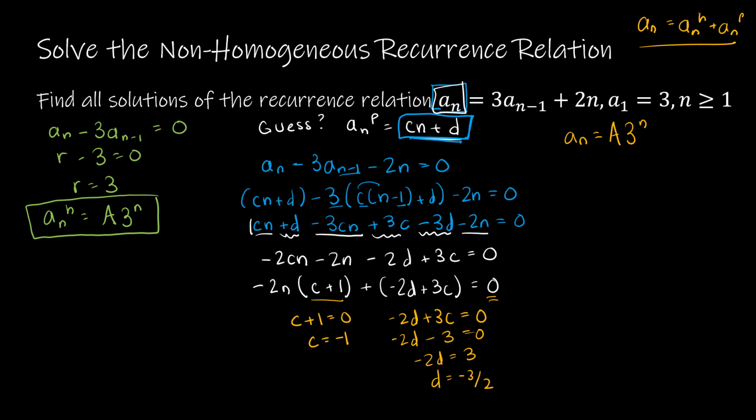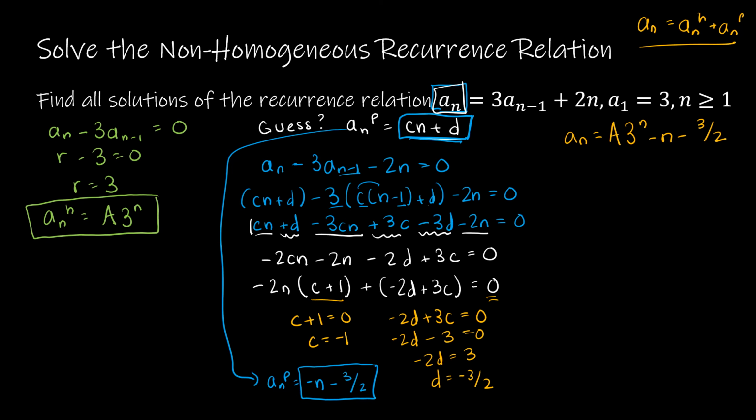A and p is cn, so that's negative n, and then plus d, so plus negative 3/2. So this is what's going to be substituted in for a and p. So I've got negative n, so I'm just going to get rid of the plus, minus n minus 3/2. We are almost there, I promise.